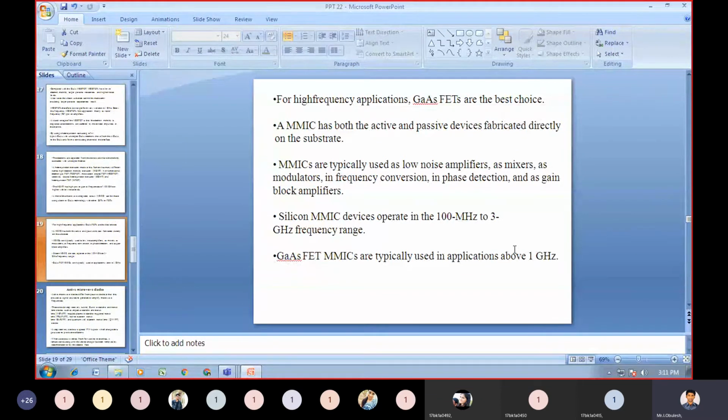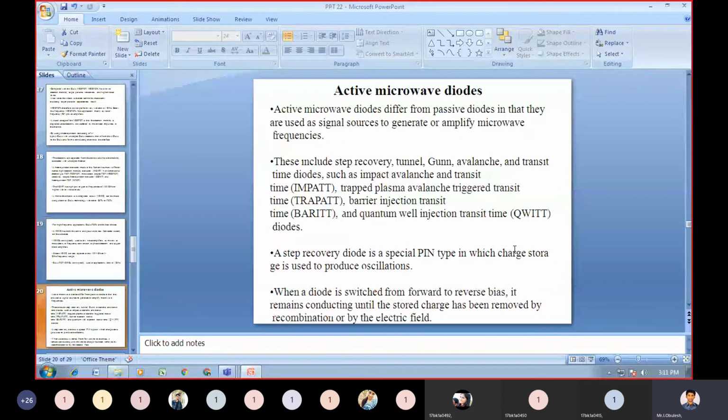MMICs are typically used as low noise amplifiers, as mixers, as modulators in frequency conversion, in phase detection, and as gain block amplifiers. Silicon MMIC devices operate in the 100 MHz to 3 GHz frequency range. And the gallium arsenide FET MMICs are typically used in applications above 1 GHz.